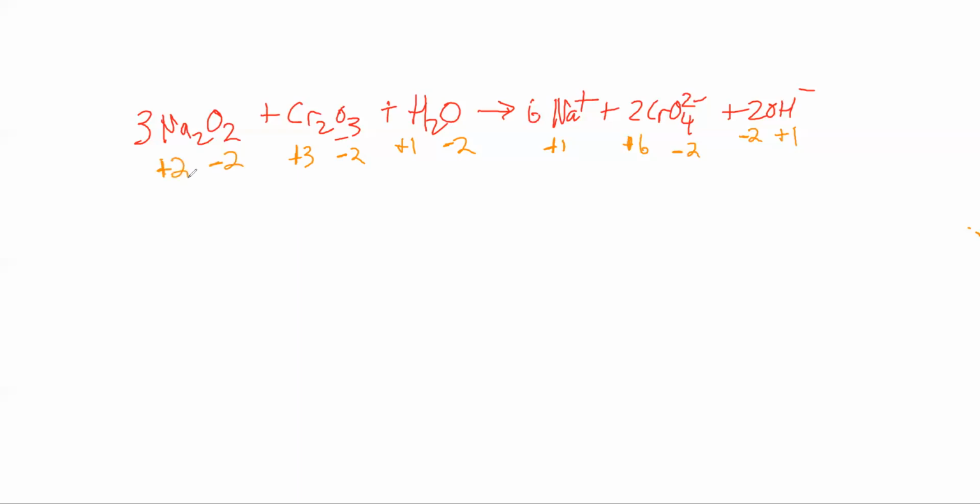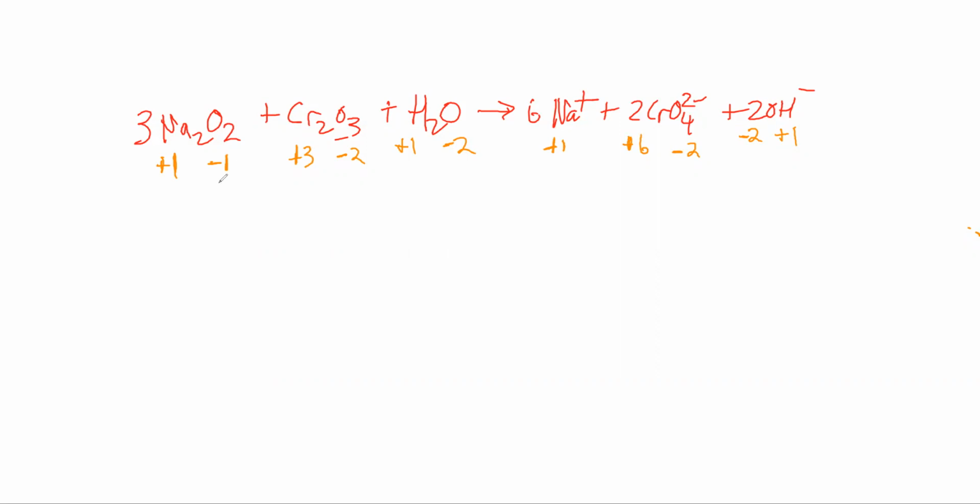But sodium really can't have a +2. Instead, our sodium can only ever be a +1. It's only got 1 electron to give away. So that means that this is a unique case where our oxygen is in what we call the peroxide form.